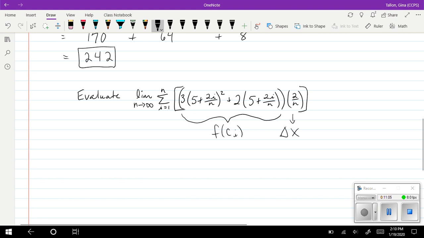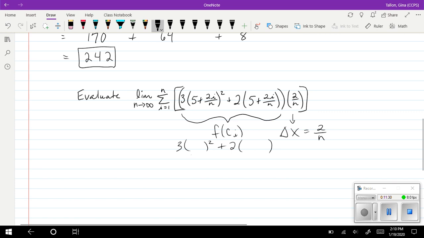So I know my delta x quickly is 2 over n. That really makes good sense to me. Not quite sure how to play with that yet until I see a little something else. Now the c sub i, first off, can you tell me what the function is before I talk about the c sub i? Can you tell me that something got substituted into this?